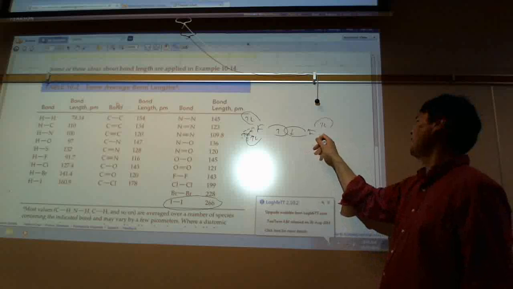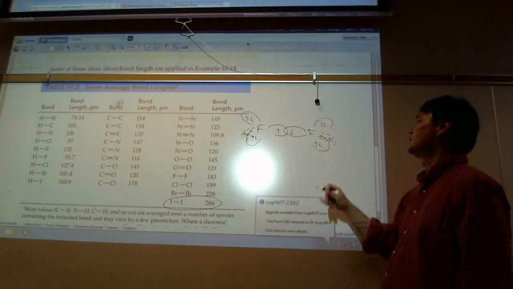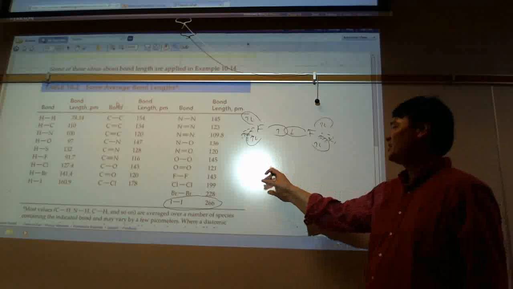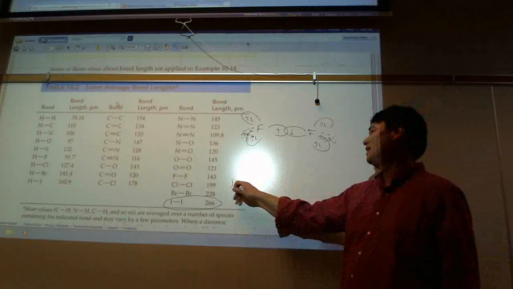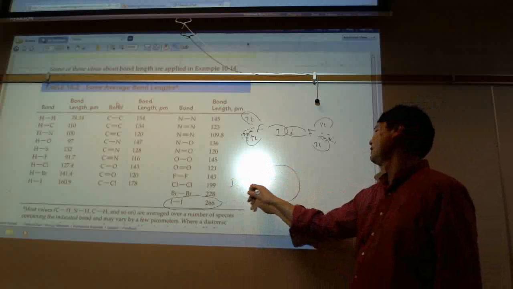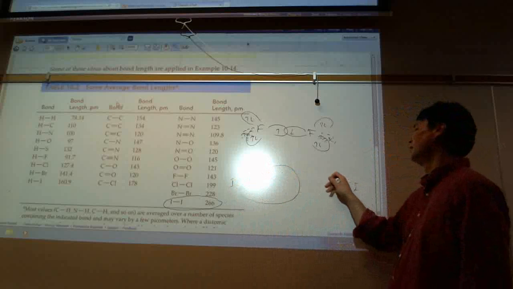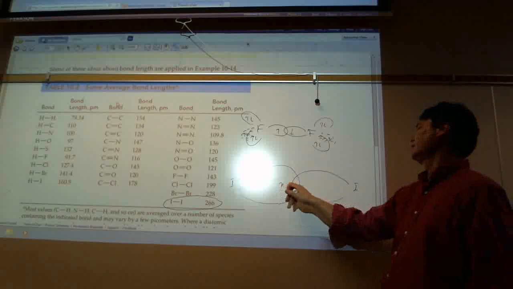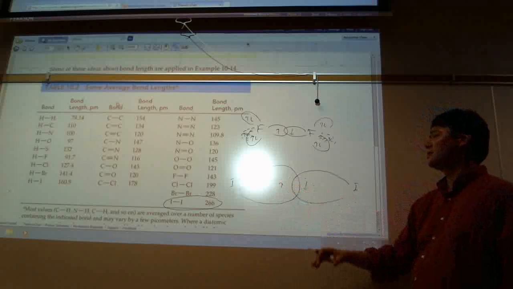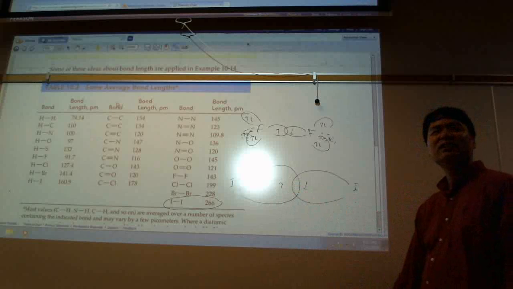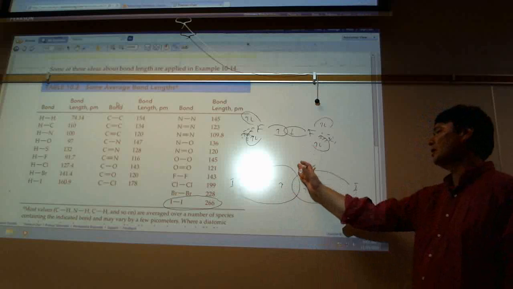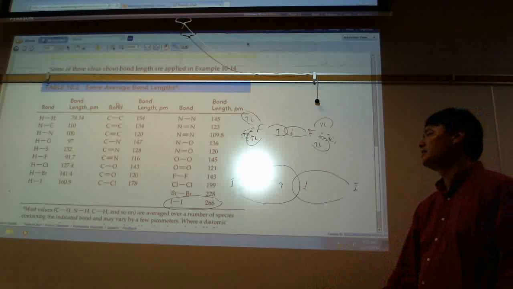The difference between iodine and fluorine would be what? The size. We're hybridizing much larger orbitals. So for iodine, we're going to get this kind of situation. When we look at the electron cloud density, is it going to be as concentrated? No. And so this should be a weak bond, easy to break.